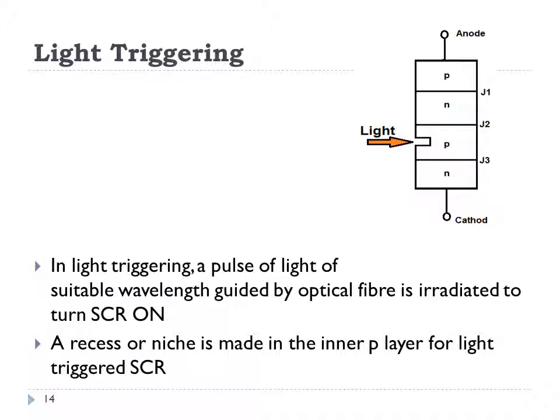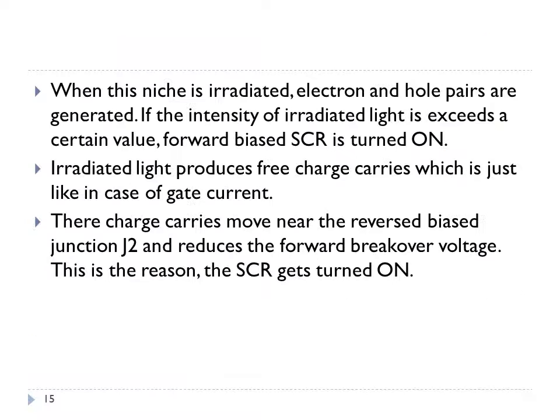When the niche is irradiated, electron hole pairs will be generated. If the intensity of the irradiated light exceeds a certain value, then this SCR will turn on.